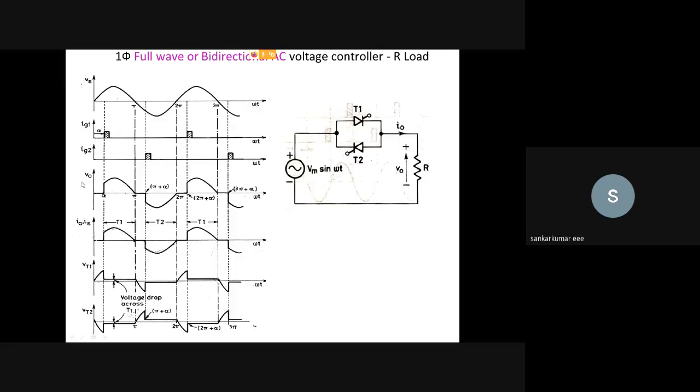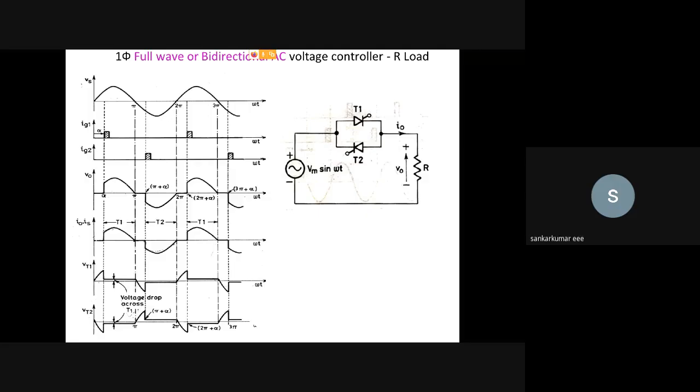Vs is the source voltage and V naught is the output voltage. They have different waveforms, but I naught and Is have the same waveform. The last two waveforms are the voltage across thyristor 1 and thyristor 2, which I have already explained in the last class.